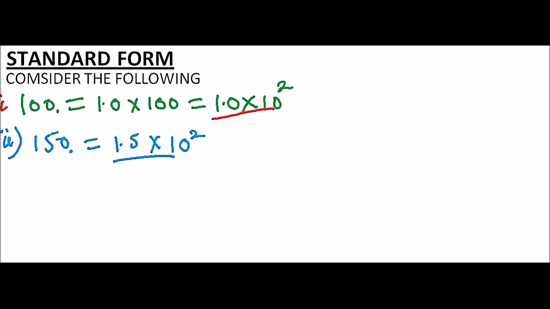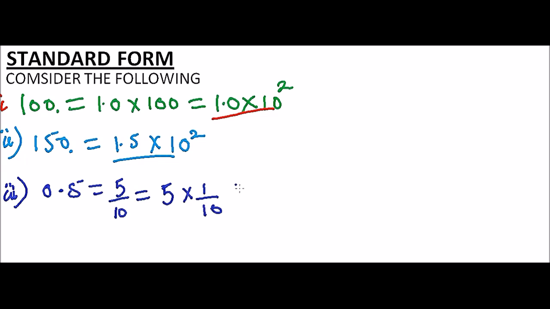Another example is when we consider a number that is less than 1. For example, we go to Roman number 3, we have 0.5. How do we write 0.5 in standard form? 0.5 is the same as 5 divided by 10, which we can separate and say it is 5 multiplied by 1 over 10.